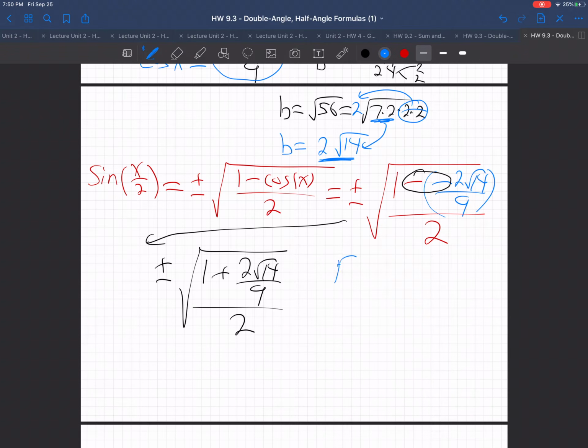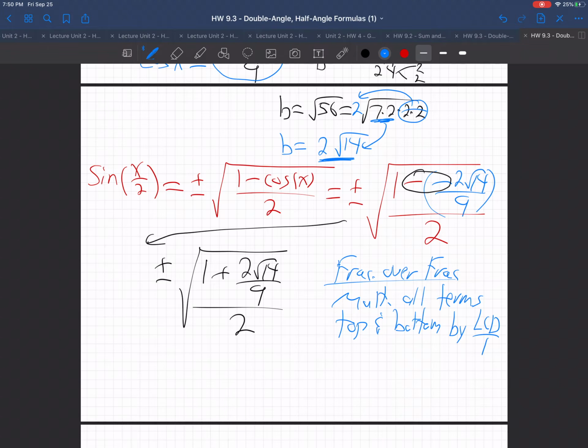When you have fractions over fractions, you multiply all the terms, top and bottom, by the LCD over 1, right? And what's the LCD? One of each type of term under a small bar.